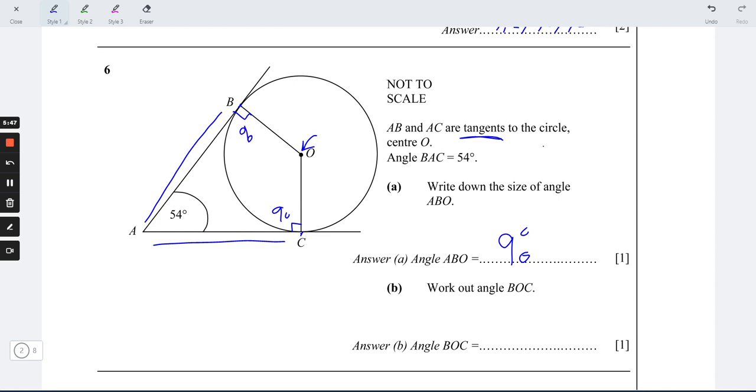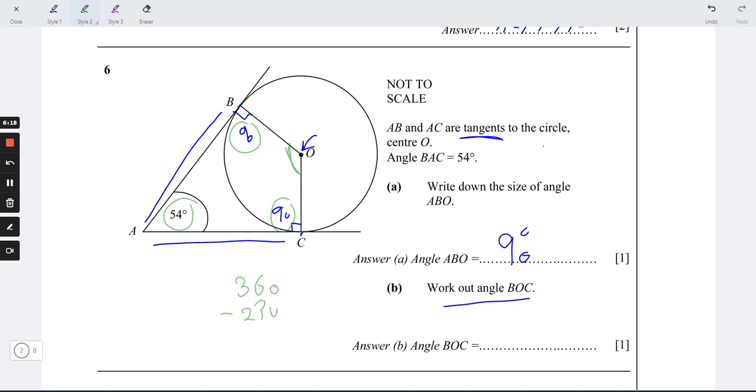Now, work out the angle BOC. So they need the angle BOC here. We have quadrilateral ABOC, and we know the angles of a quadrilateral sum to 360 degrees, minus the sum of 90 plus 90, which is 180, plus 54, you will get 234.